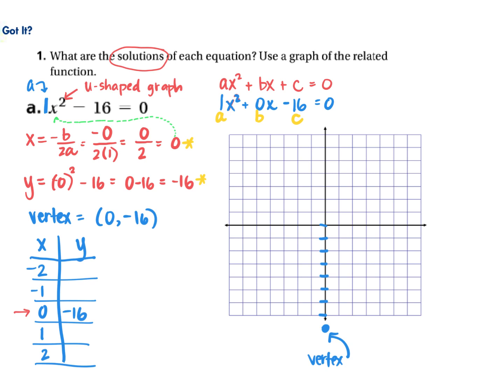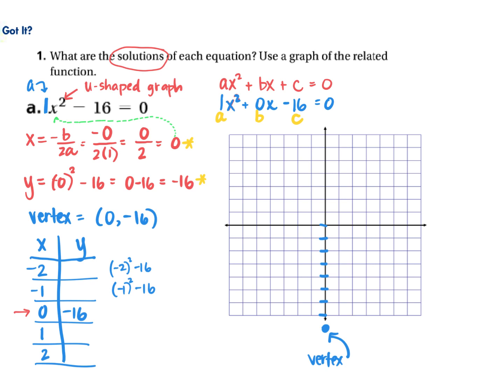And to fill in the rest of our table, we plug each of those numbers back into the original formula. Okay, all of them get plugged in. So with parentheses, -2 gets plugged in and squared, -16. And then -1 gets plugged in and squared with parentheses.